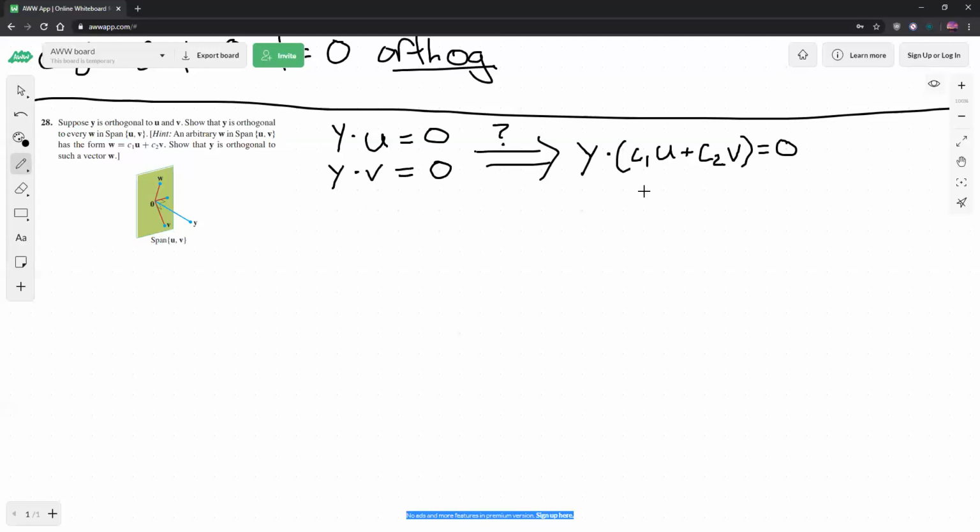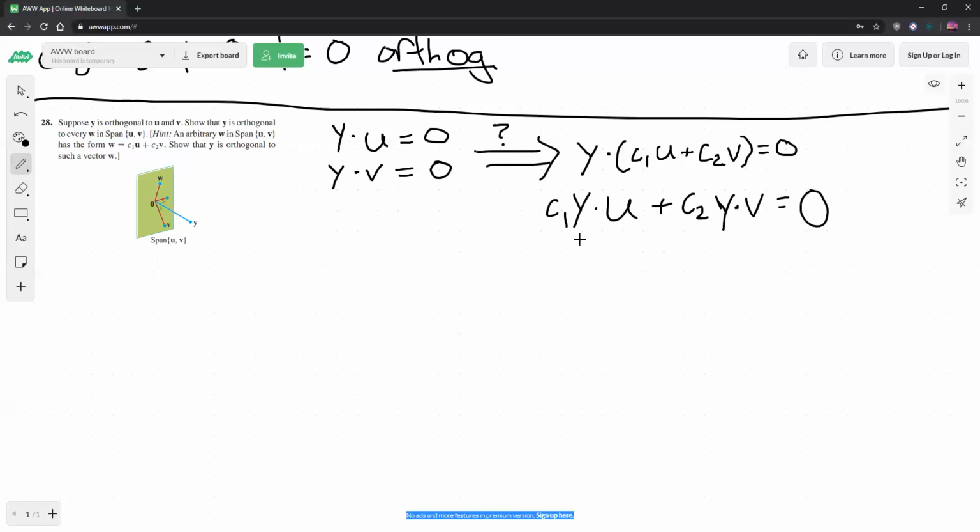So I think the best way to show this would be to start here actually and work your way back to the basic properties. If you were to distribute this through, we could get C1 y times u plus C2 y times v, and you could maybe write a little something about how this uses the rules that are defined in the book, and this equals 0.